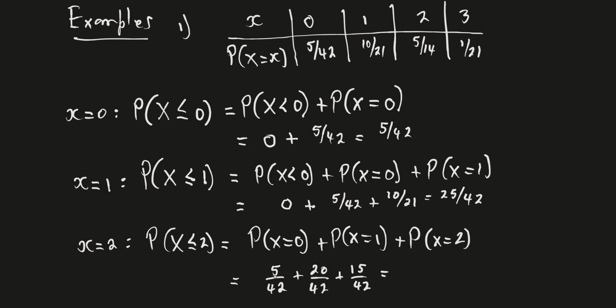So what do we have here? So we have 40 out of 42, right? Or we can write that as, well, let's see, what's that? We can divide by 4.